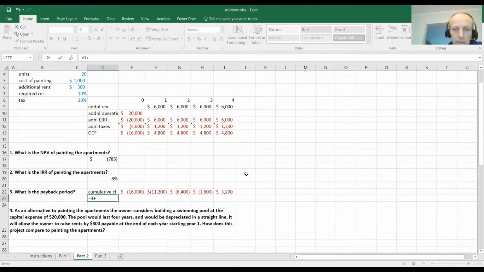Well, into the 4th year, we need to still cover 1,600 of negative cumulative cash flow. How long will that take?